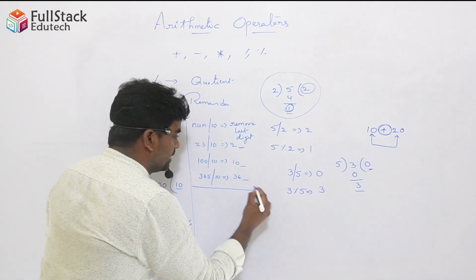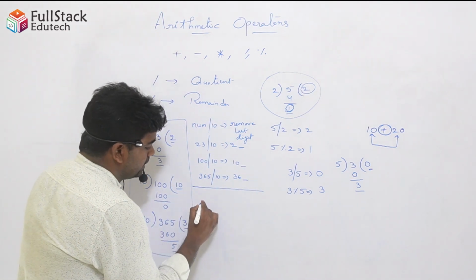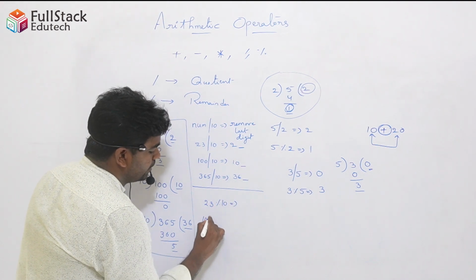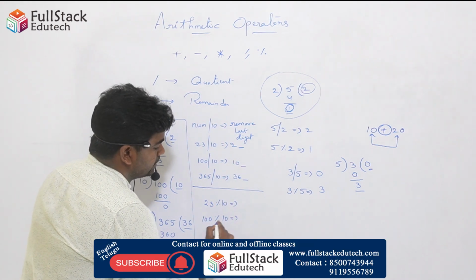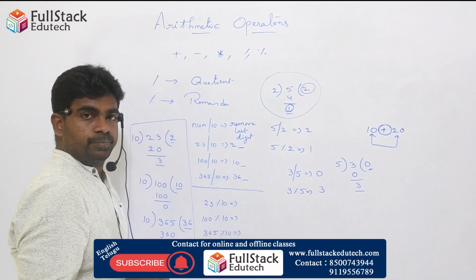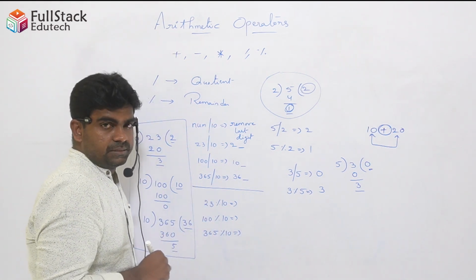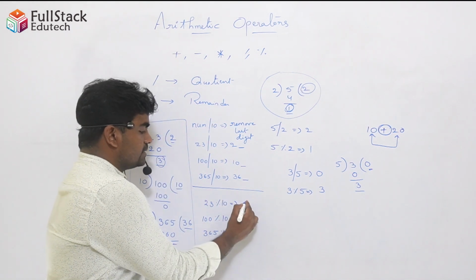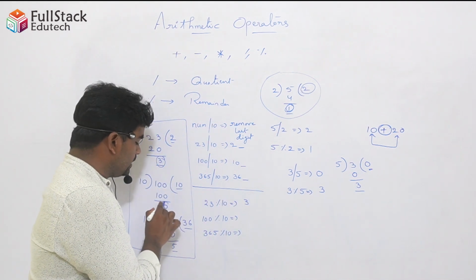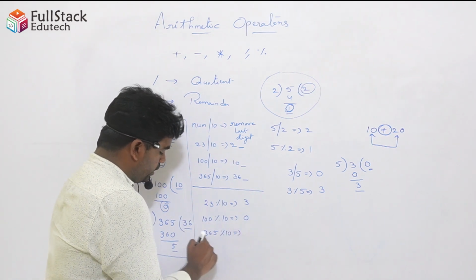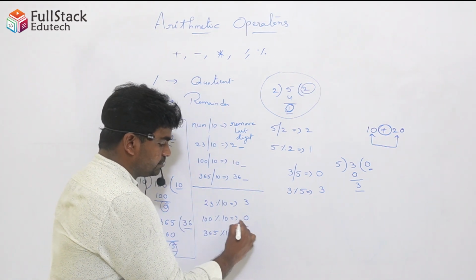In the same way, suppose 23 mod 10, 100 mod 10, 365 mod 10. Among all these 3, 23 mod 10 means the remainder is 3. 100 mod 10, the remainder is 0. Next, 365 mod 10, the remainder is 5.